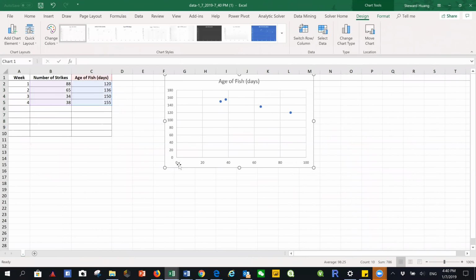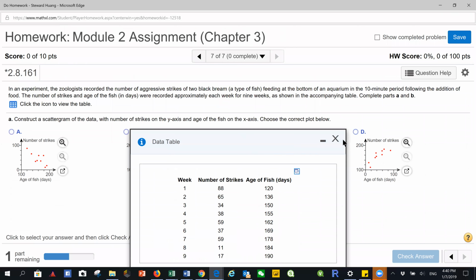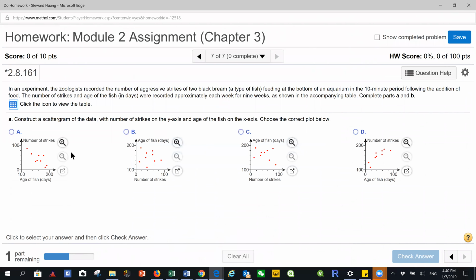You can see that as the number of strikes increases, it looks like the age of fish decreases. I didn't use the whole data set, so I can't say for sure, but you will be able to determine it yourself. Then you can compare your result with it. All right. I wonder why I didn't choose a box plot, but no worries.